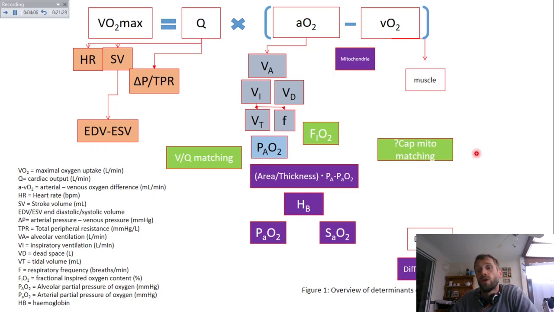Then mitochondrial levels, and again, matching of blood flow to where the oxygen is being utilized, a similar thing to this VQ matching but in the muscle, and also the diffusion properties of the muscle as well. I would say this side of things is a little bit more difficult to get your head around, but you should certainly be fairly comfortable with some of the factors that influence cardiac output, and some of the factors that influence your arterial oxygen levels.